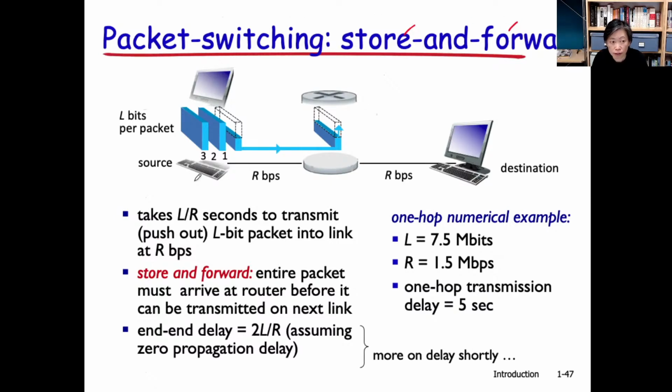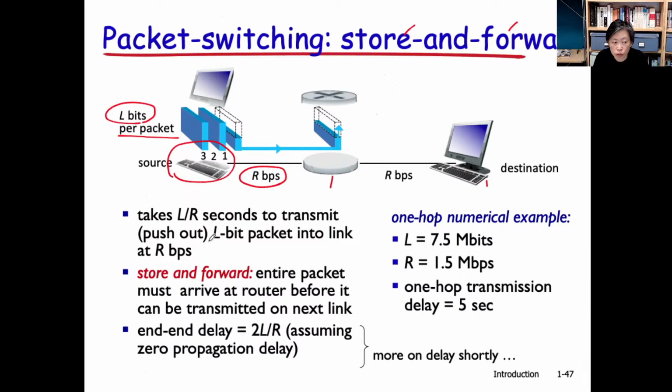So consider this scenario. The source is over here. The user is typing things and generating these small packets, 1, 2, 3. There is one router in the middle and a receiver on the other side. Each packet the user is generating is L bits long, and the link bandwidth is R bps.